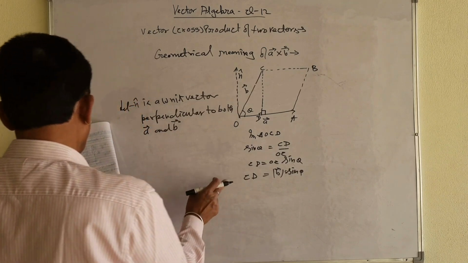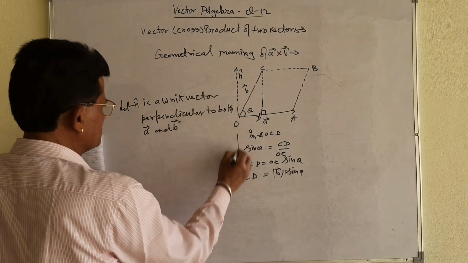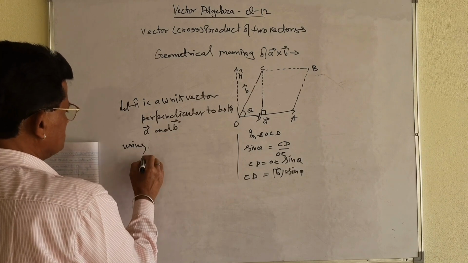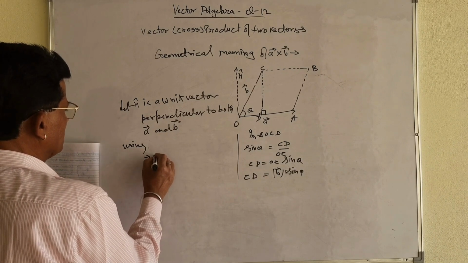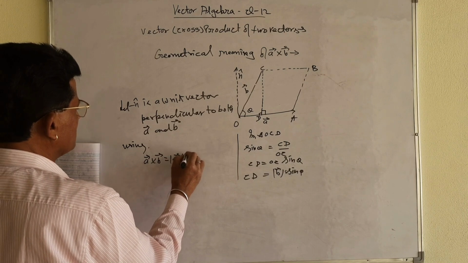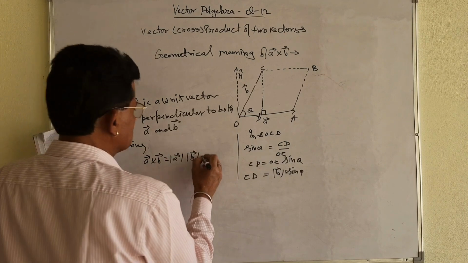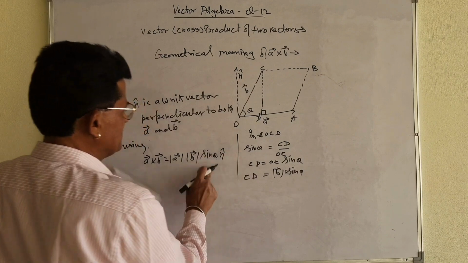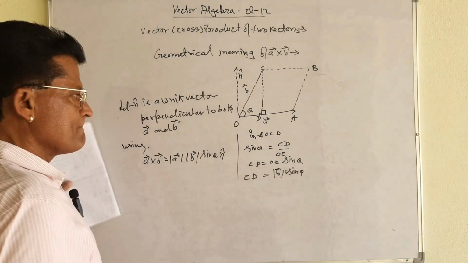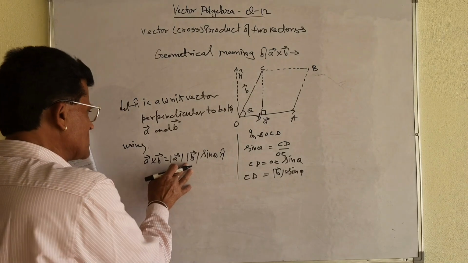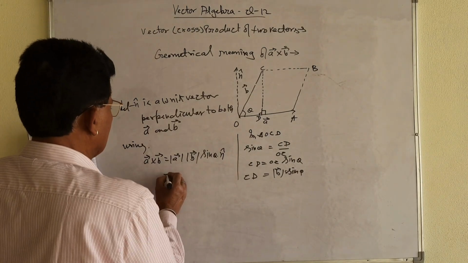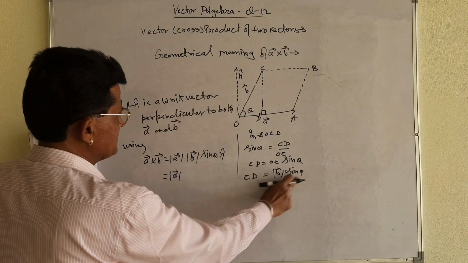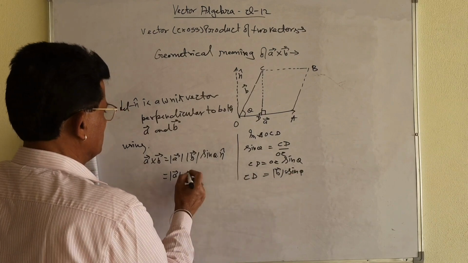That is why you see carefully. Let me use the definition of the cross product: vector A cross B will be equal to magnitude of A, magnitude of B. I am discussing a very important result, my dear student. You must keep this in mind. Magnitude of A, and here magnitude of B sin theta is equal to CD.